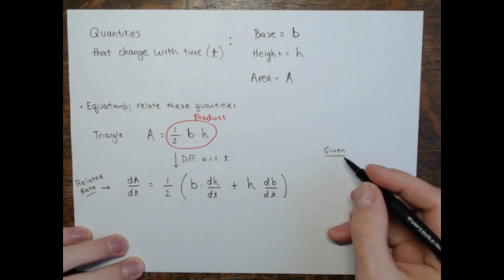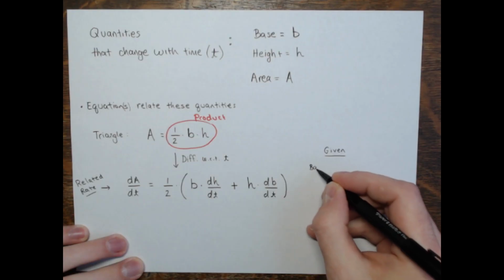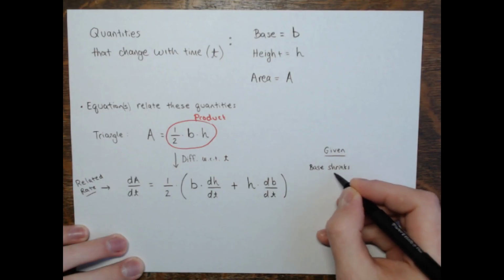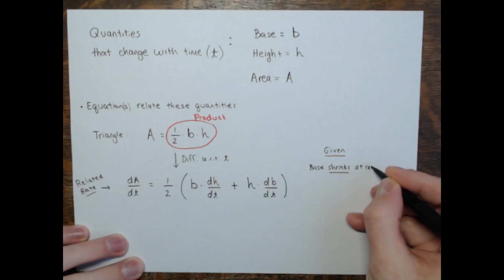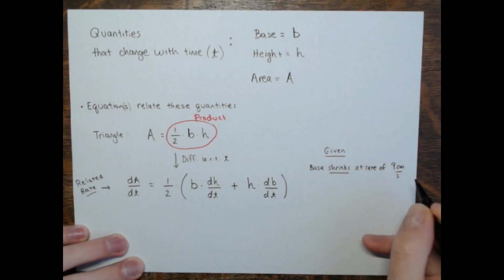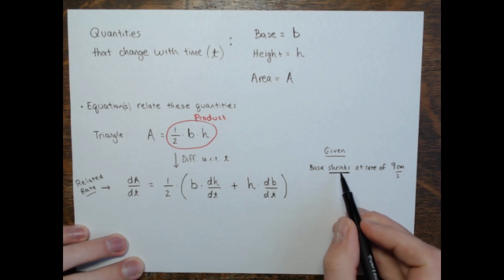And so back here we're told that the base shrinks, that's the key word, at a rate of 9 centimeters per second. So again, when you talk about shrinking, that's decreasing.